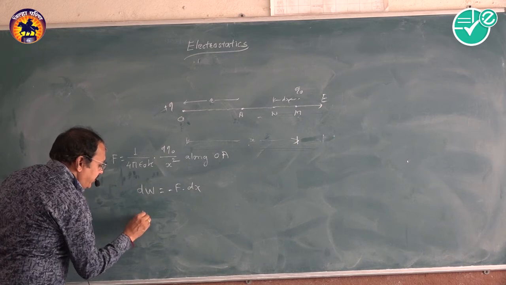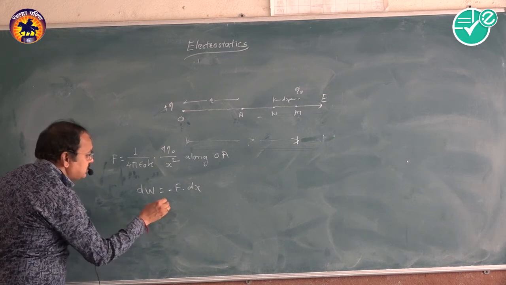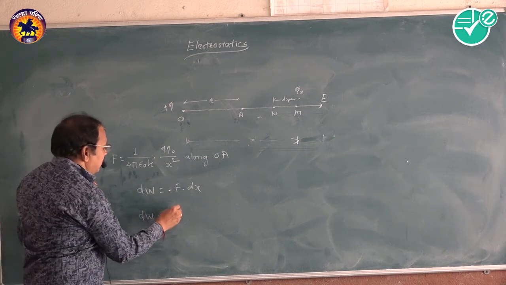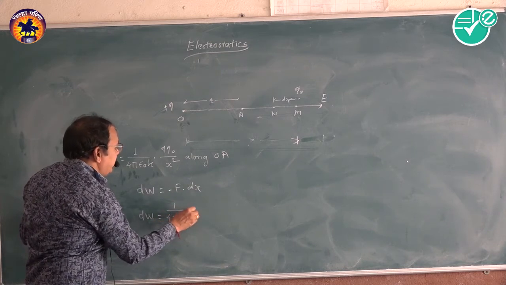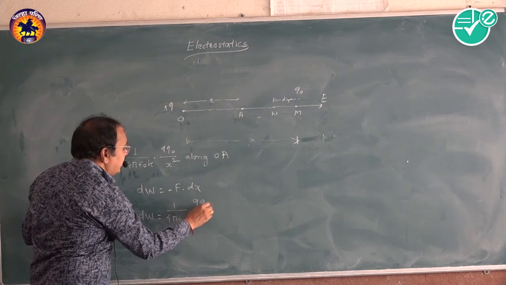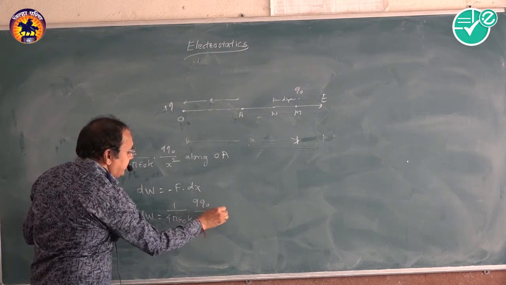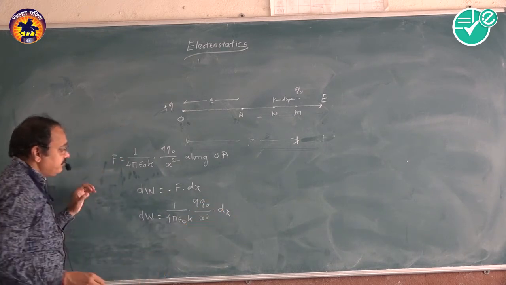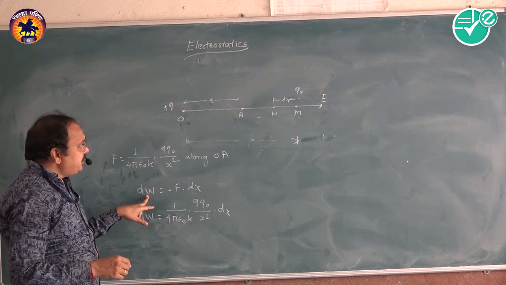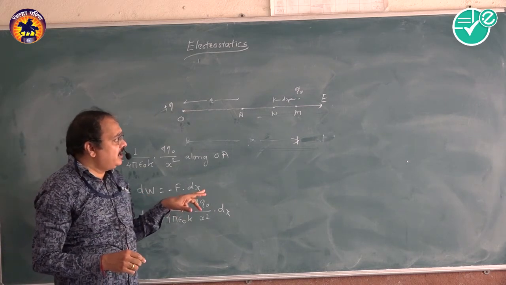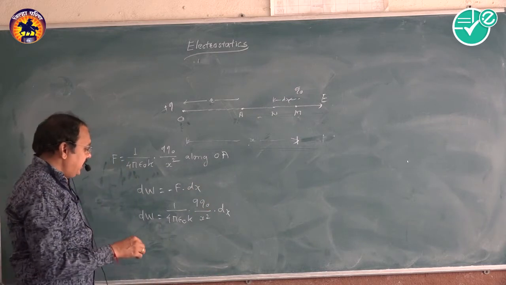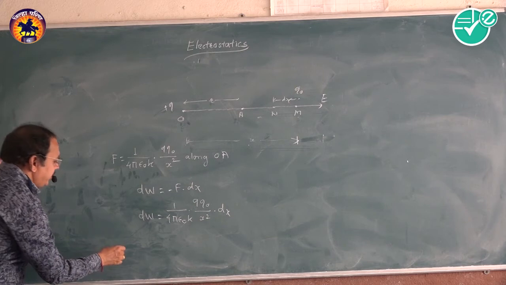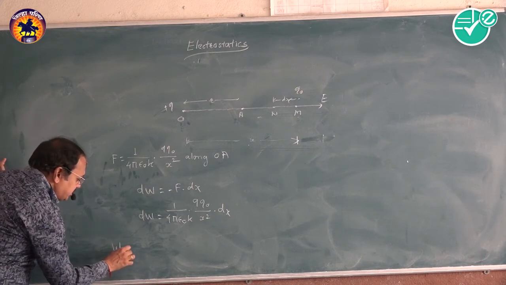So we can write dW equals 1 upon 4 pi epsilon 0 k into q naught upon x square into dx. But it is the smallest work done, and for getting the total work done we have to take integration.